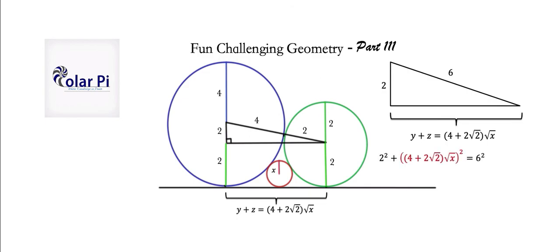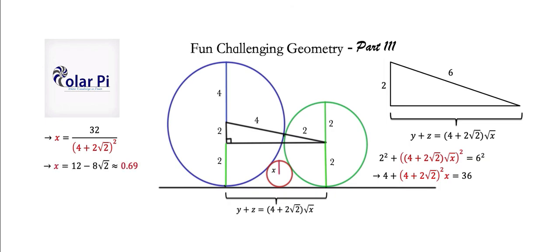It first looks like this, and then next like this. Solving for x from here is pretty straightforward. You have to expand this and then multiply by a conjugate after you expand to get to this final answer, but it's all pretty easy algebra. If not, then build up your algebra skills. But the final answer is approximately 0.69.